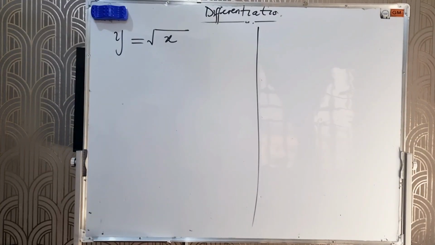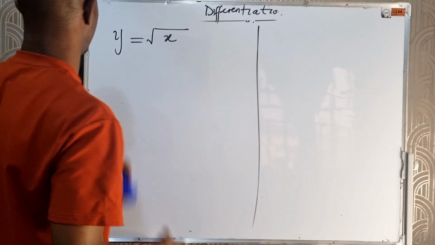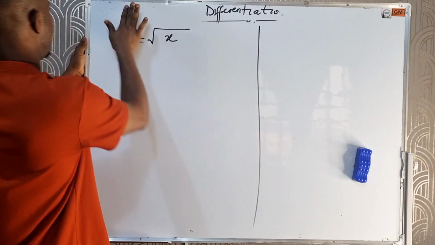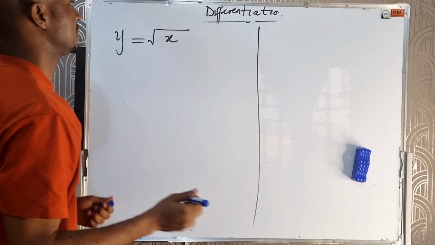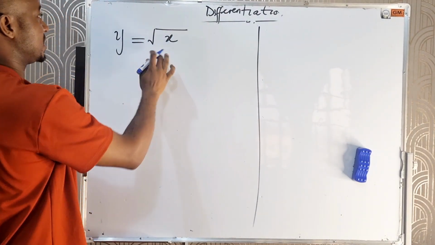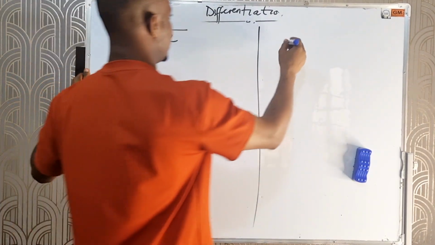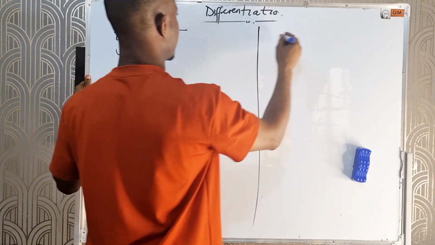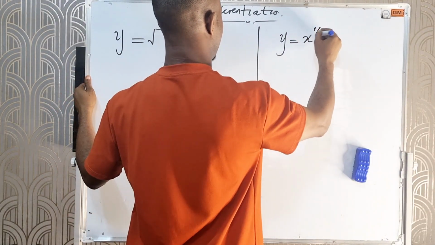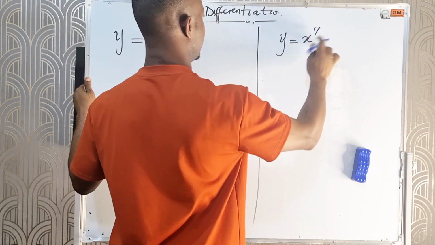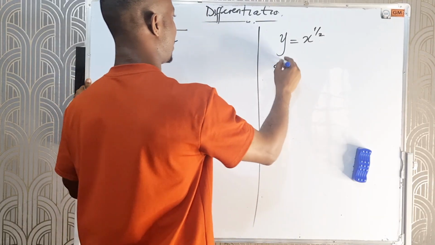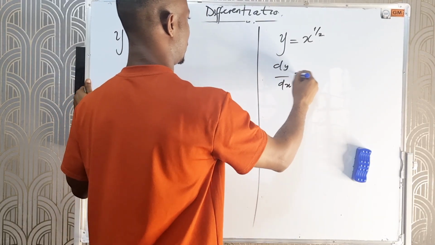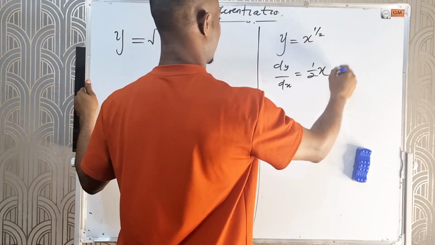Okay. We have a question that says, given that y equals square root of x, find dy/dx using the first principle. The general method for this, or power rule rather, is that this can be expressed as x to the power of half. So by using the power rule, dy/dx will give us half.